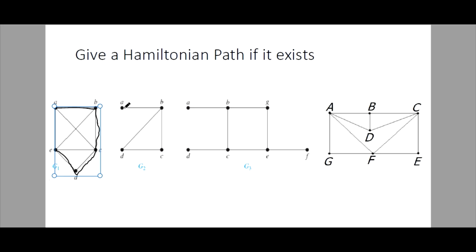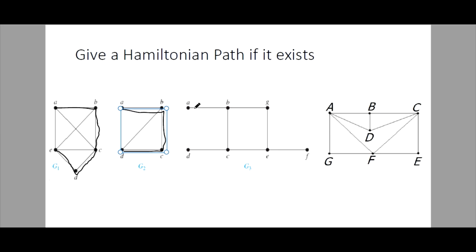Now for number 2, we can have A, B, D, C, or you can have A, B, C, D. Or you can start with C, D, B, A. Okay, again, the same with Euler path and Euler circuit. The answers for this one may not be unique. So you can have other answers as well.